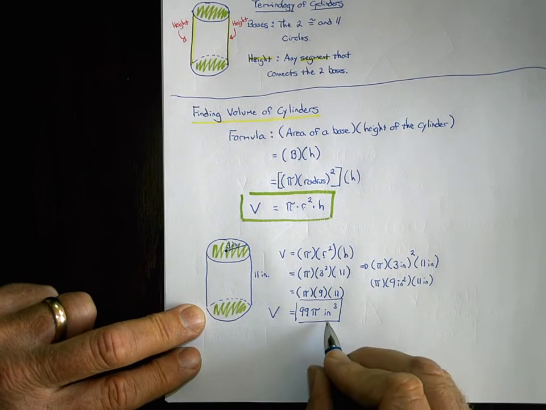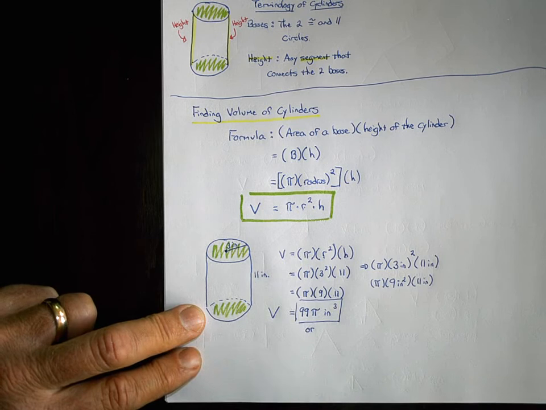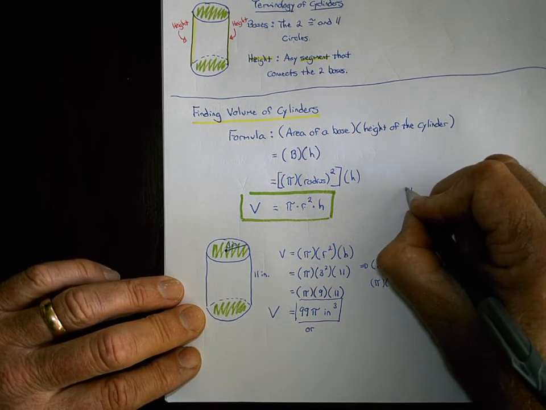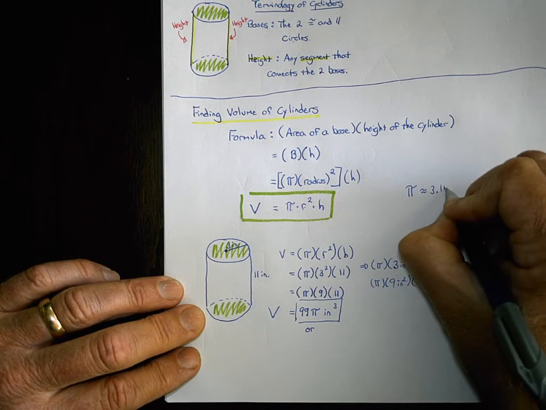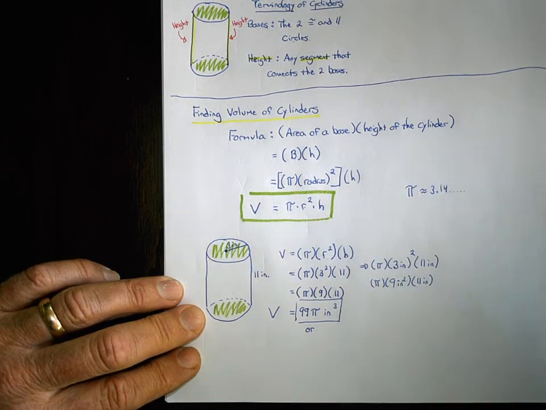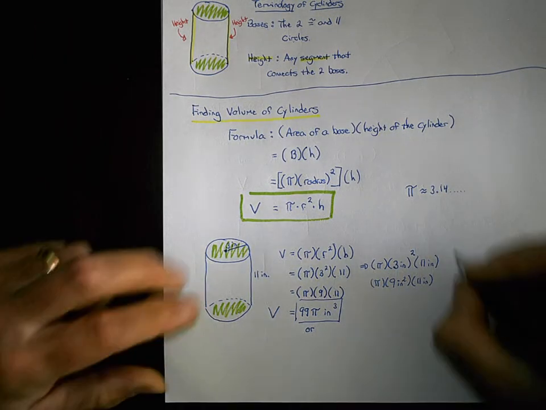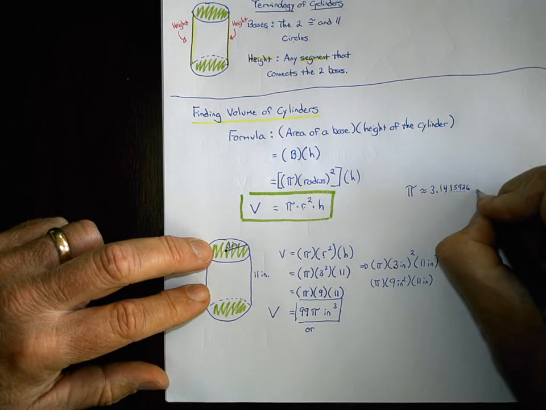Okay, now if you multiplied it out and you actually put in the numerical value for pi, and remember pi, although we don't know what it's equal to, it's approximately equal to 3.14, and then a whole bunch of numbers after that, like 15926, and then a whole bunch of numbers after that.